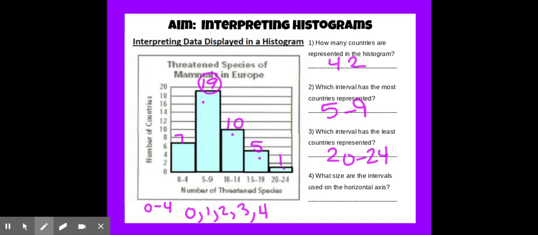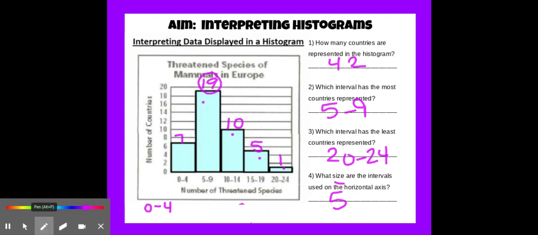I listed 5 numbers. So the size of this interval is 5 because it's telling us how many threatened species there are in each.